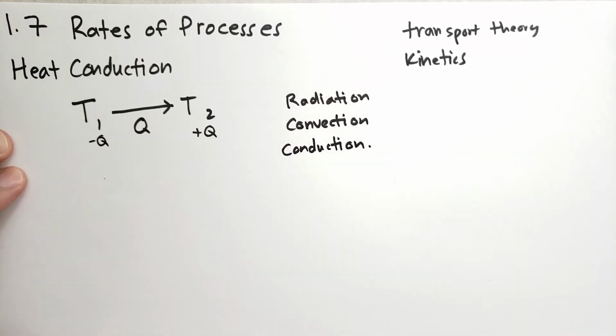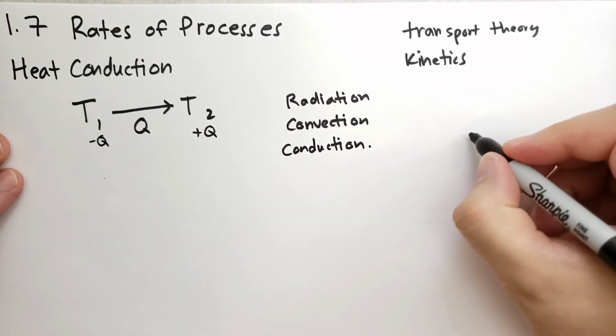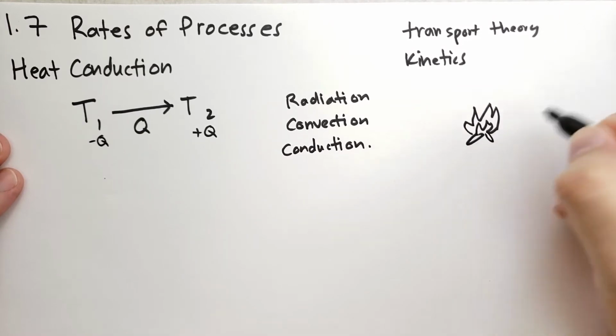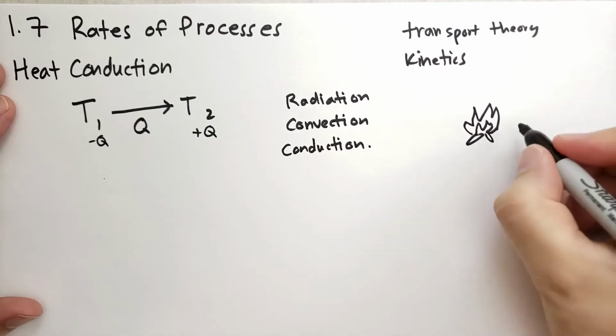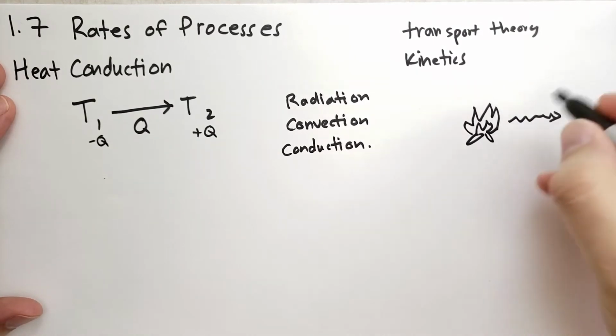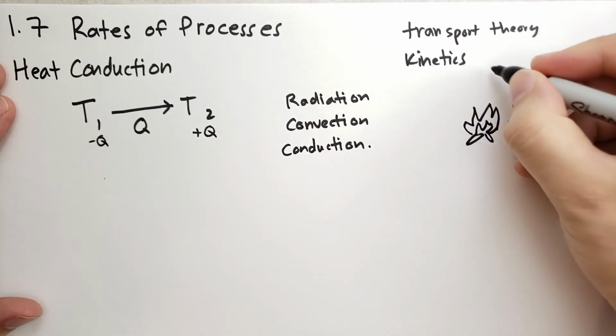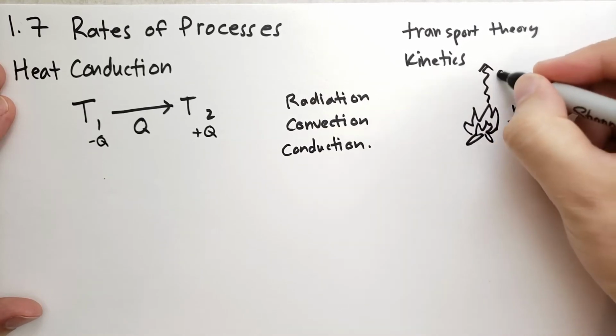Okay, so the way you can think about this is if you have a campfire, and there's my beautiful drawing of a campfire, there's some wood in there. The heat that comes out this way is due to radiation. The heat that comes out this way is due to convection.